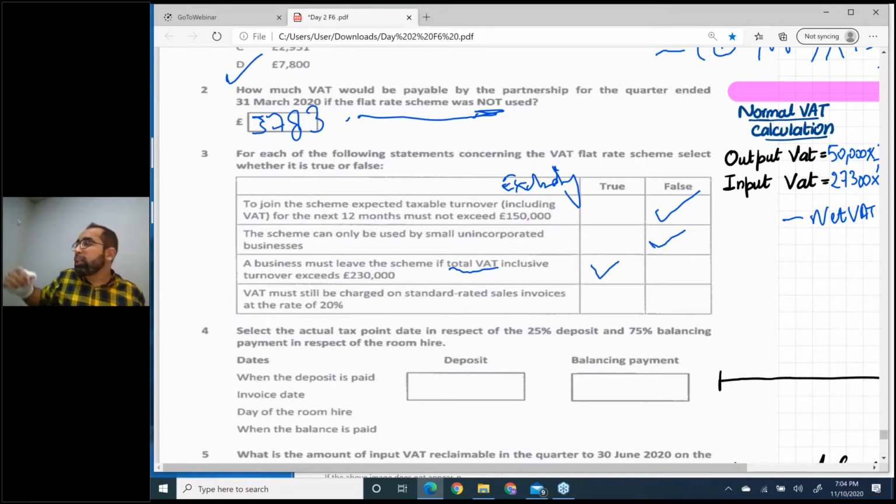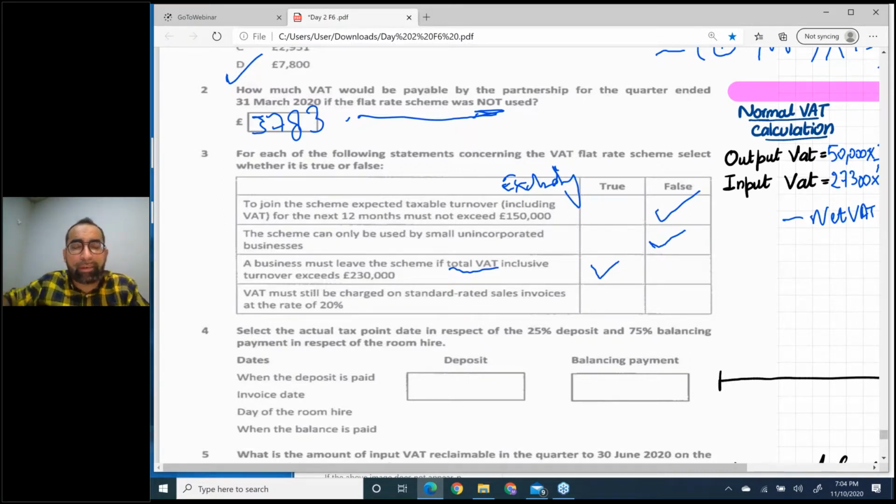What does it mean? You will pay normal 20% VAT to the supplier on buying goods, and you will still receive normal 20% output VAT from customers. When you meet the tax department, there's a different deal, bad news and good news. But dealing with customers and suppliers remains the same.